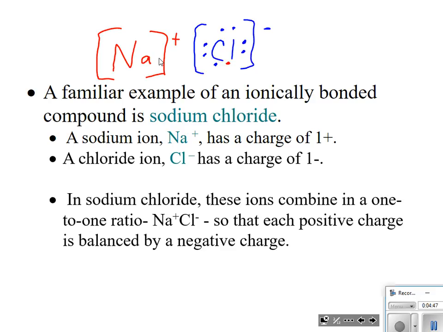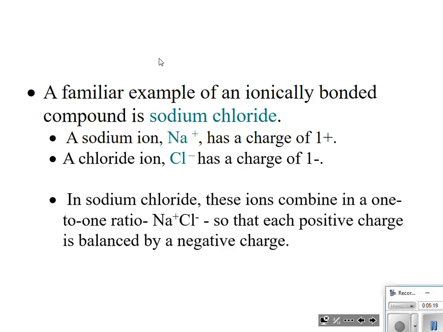Now, the whole idea behind the ionic bond is they form ions, and then those ions are attracted to each other. Opposite charges attract. Pluses and minuses go together. So, what we're going to actually be seeing occurring, this is just a little idea I showed you with the dot notations. Let me switch to my next slide here.